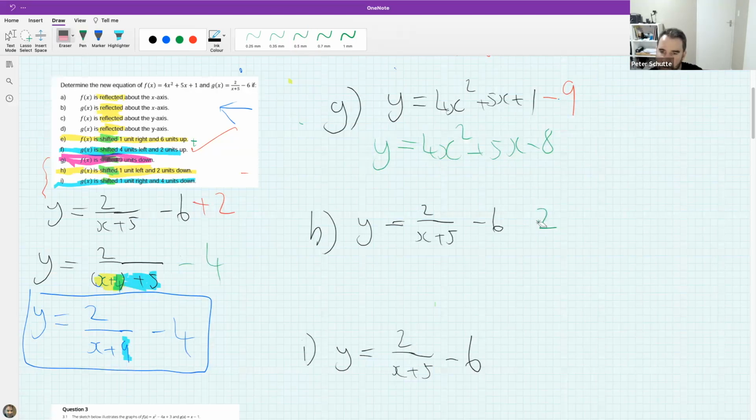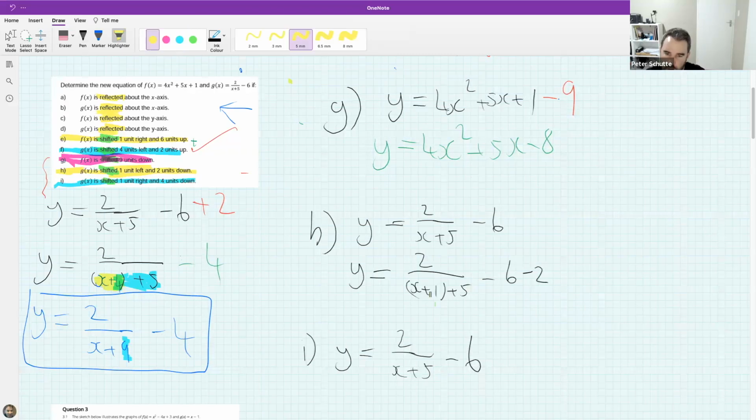And maybe I can even write it in one step. What is my new equation going to be for h?